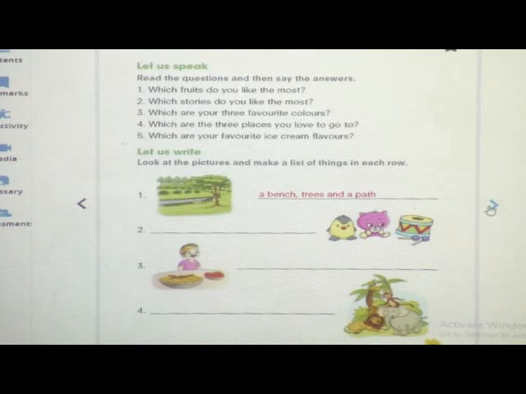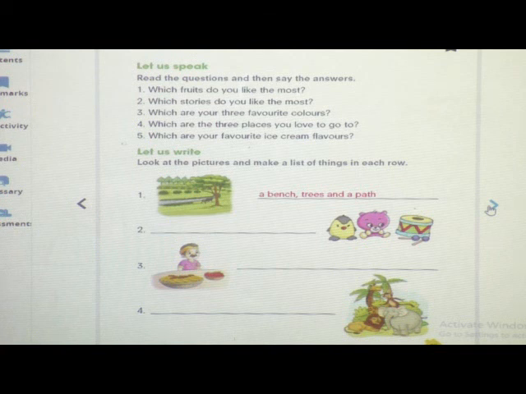Let us speak. Read the question and then say the answer. This is for your homework, children. Which fruit do you like the most? You have to say. Okay, that is the homework.